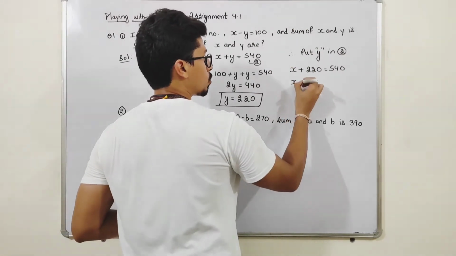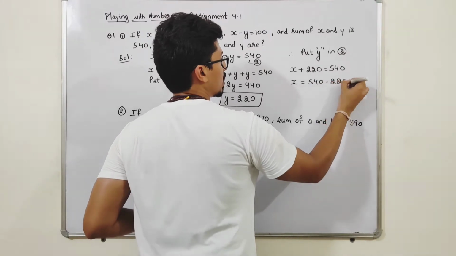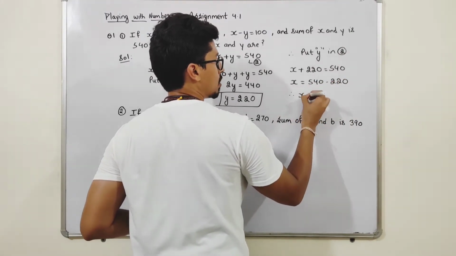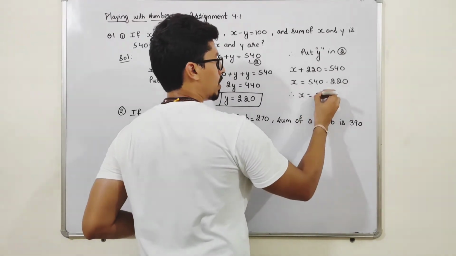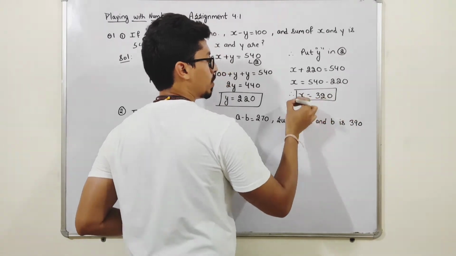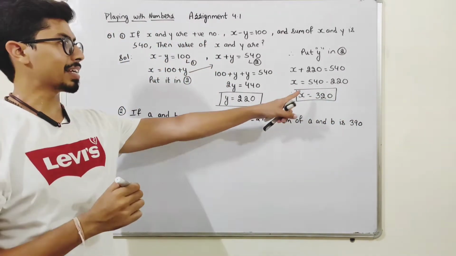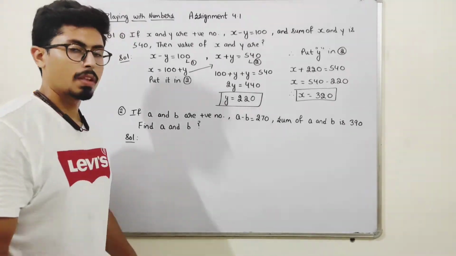So x equals 540 minus 220. If I subtract them, it will be 320. So the answer for x and y is 320 and 220.